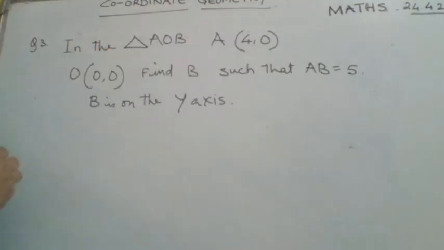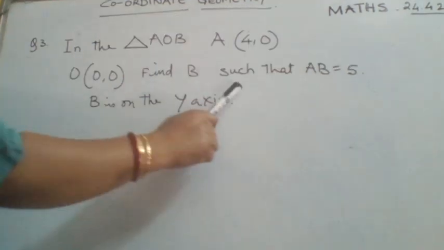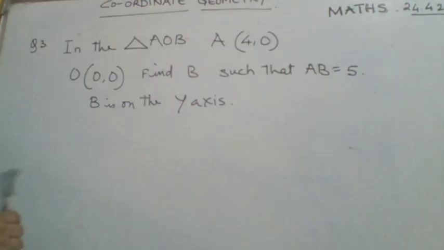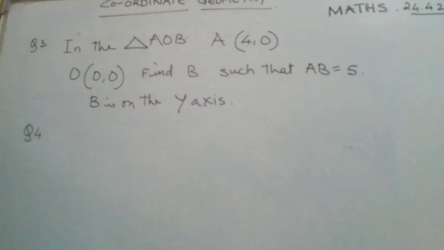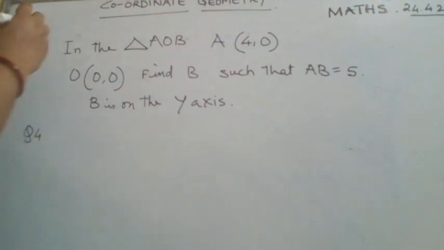O coordinate is 0, 0. You need to find B such that AB is equal to 5 and B is on the y-axis. This is a challenging question. I will see who gives me the answer first.